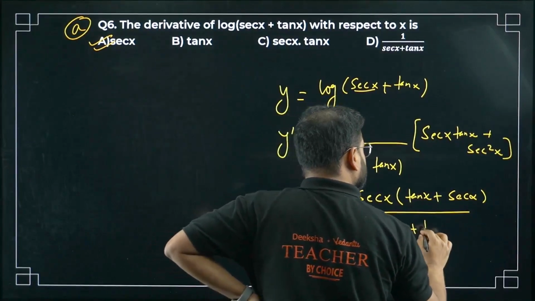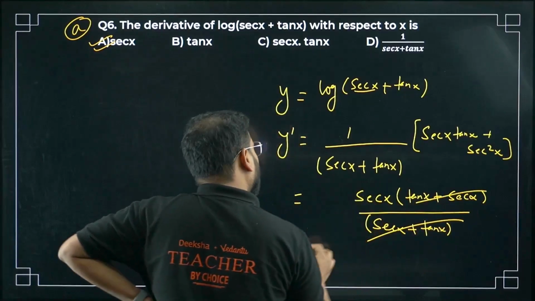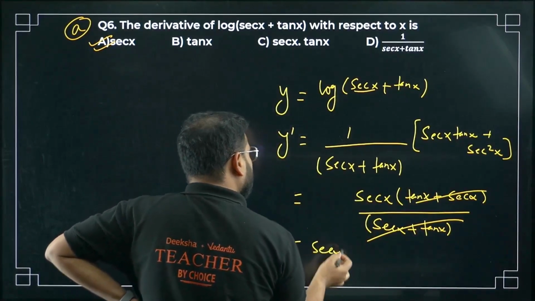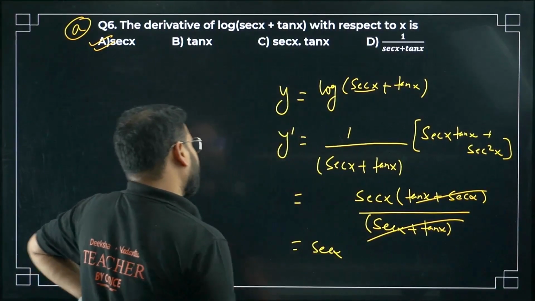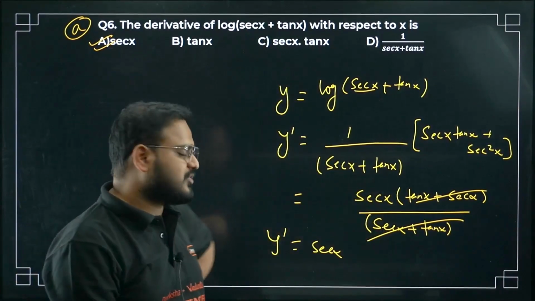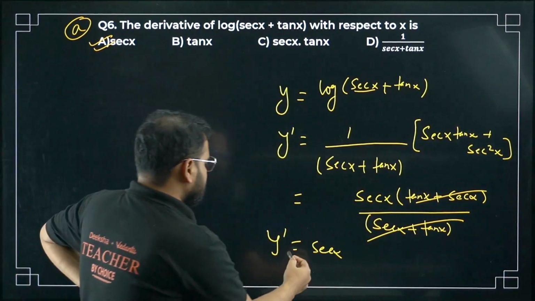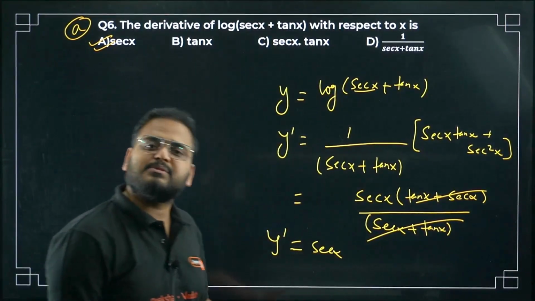Sec x plus tan x cancels out. What do I get? Only sec x. So the derivative of this will be sec x, and the integration of sec x will be this function. So answer A is correct. Please check: y dash equals sec x. Clear, right? Question number 6 is done.